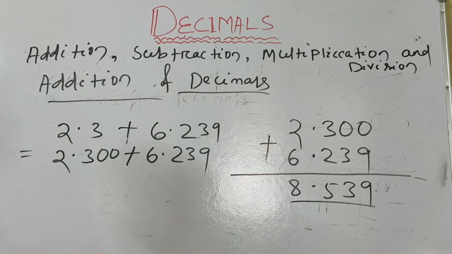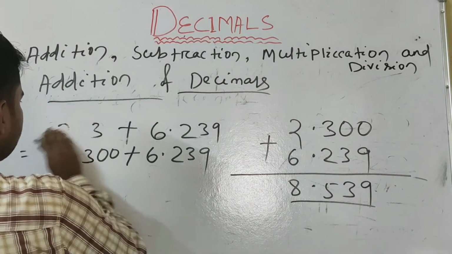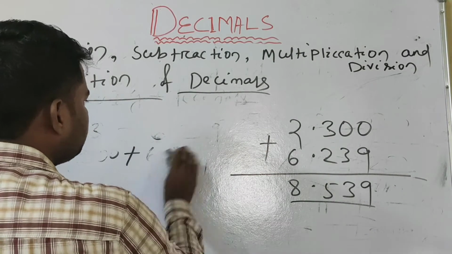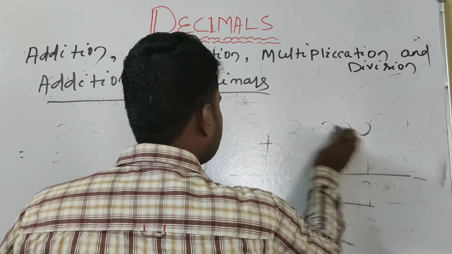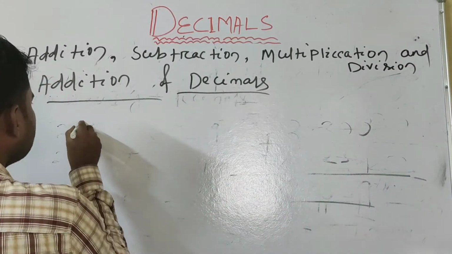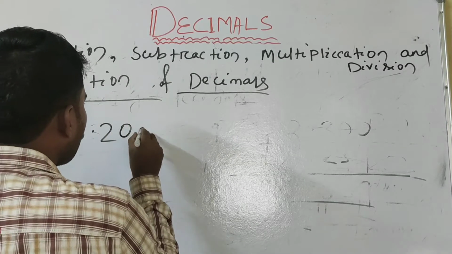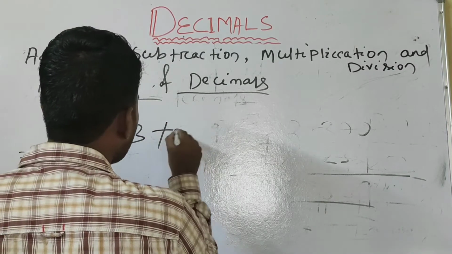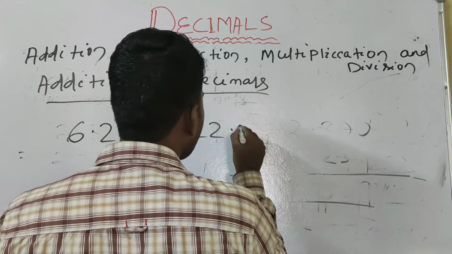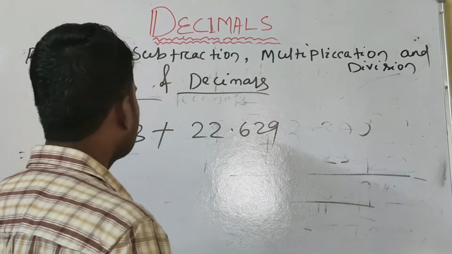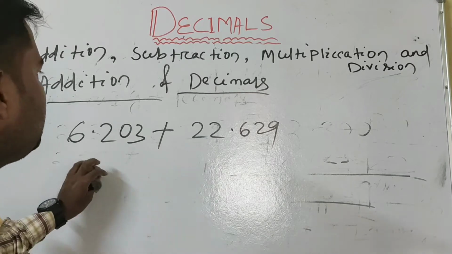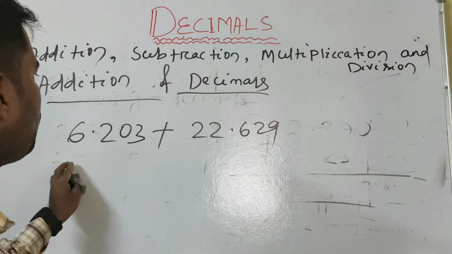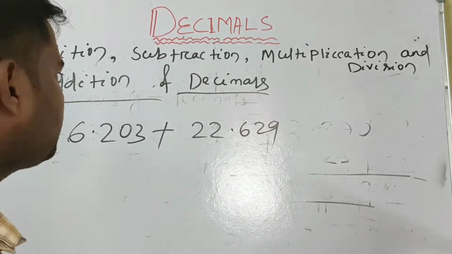Now we will take another example. Here both have the same number of decimal places, so both are like decimal numbers.